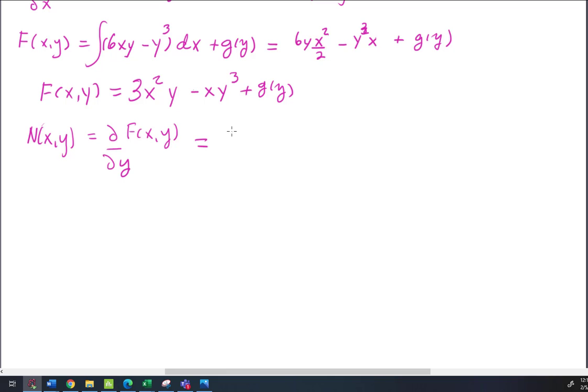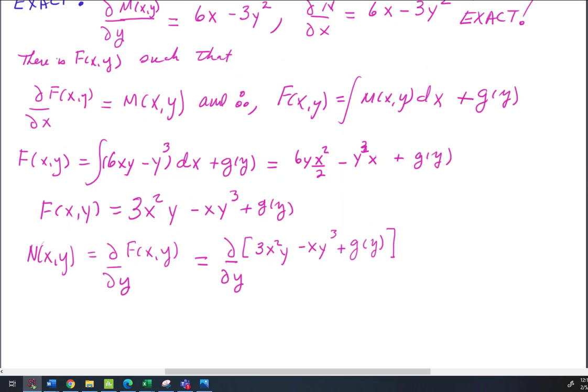So that would be equal to the partial of f, and so I'm going to put some brackets here: 3x squared y minus x y cubed plus g of y. Now, what was N? We'll have to scroll back up and remind ourselves of what N is.